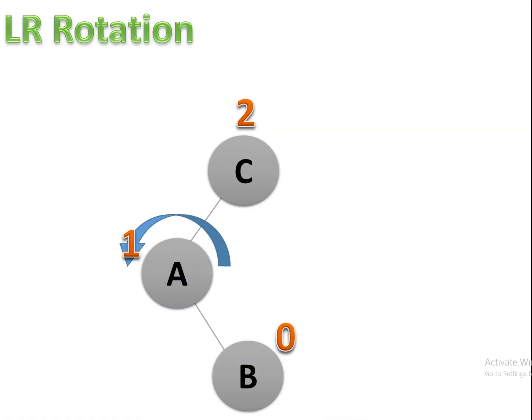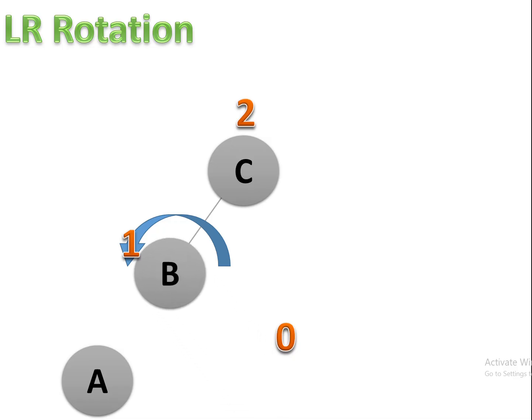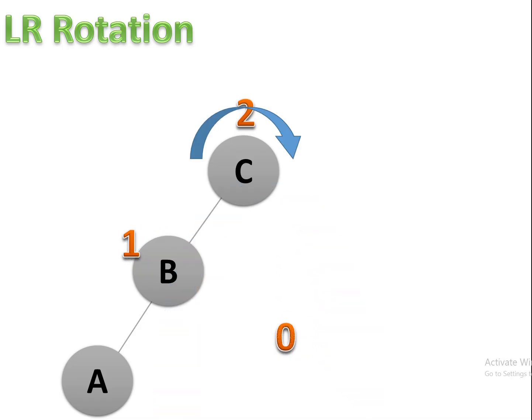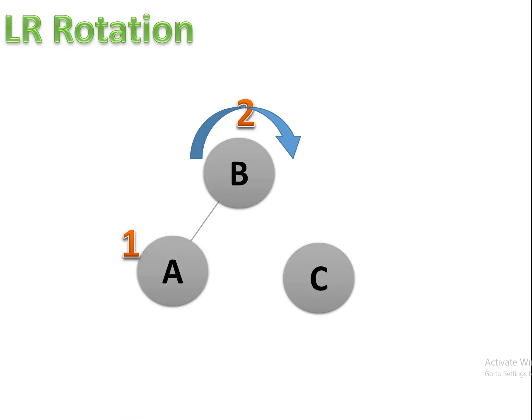How is LR rotation applied? A moves one position to the left and B replaces A. Then we apply RR rotation, and after applying it we get the balance factors 0, 0, 0. Okay, the tree is balanced.